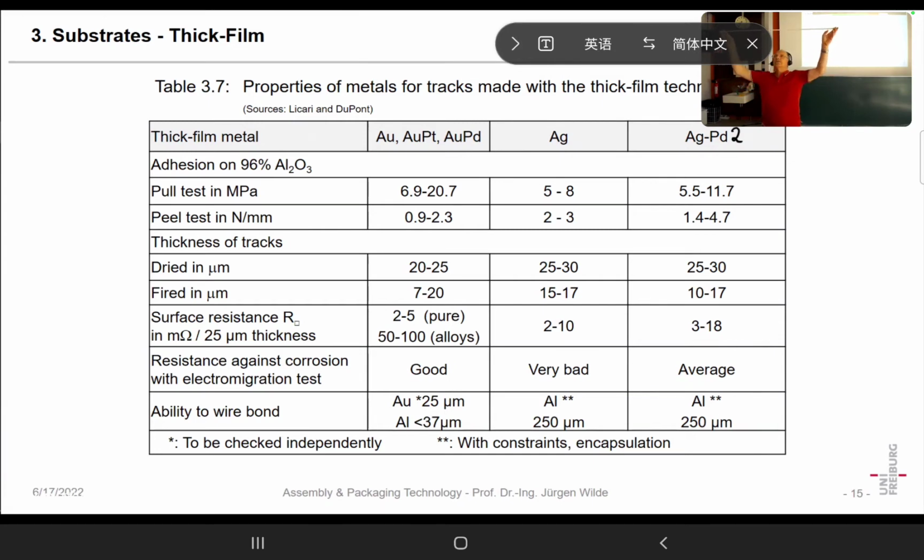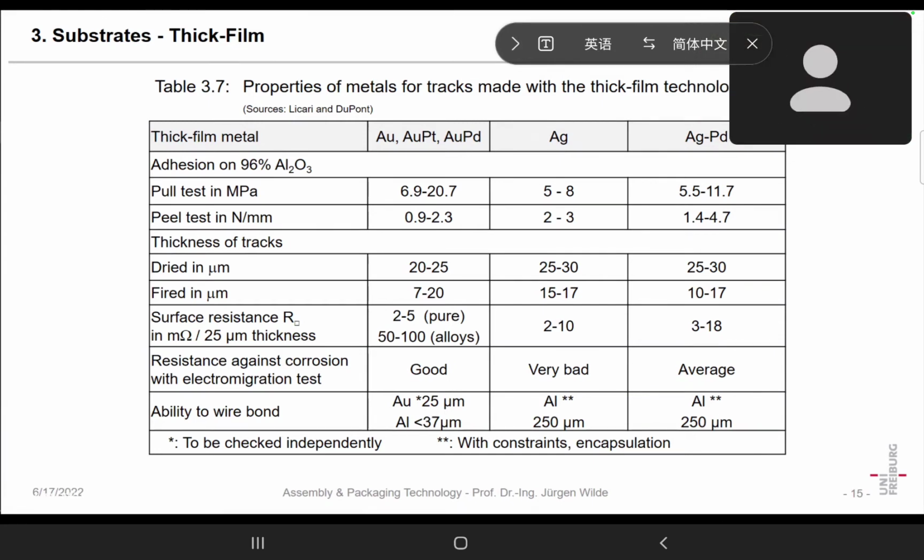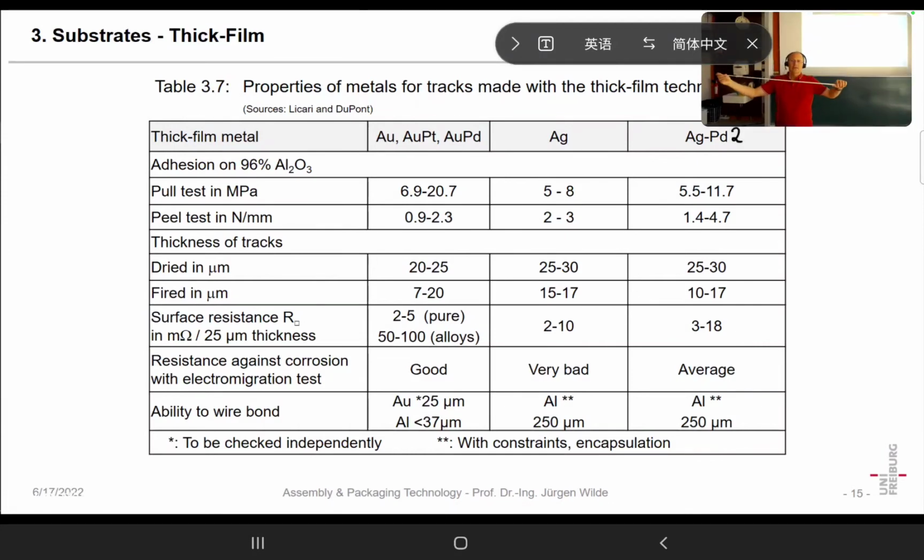Of course, when you want to know the resistivity, you need to know the resistance, so ohm meter. You need to know the length. That's also easy. You take a measuring tape and say, okay, 1 centimeter. And you need the cross-sectional area, 10 micrometers.